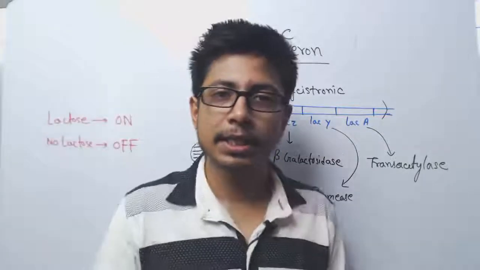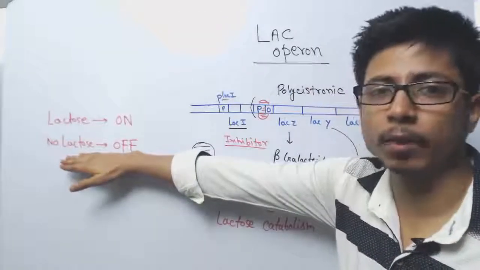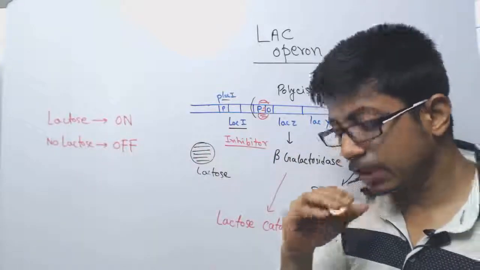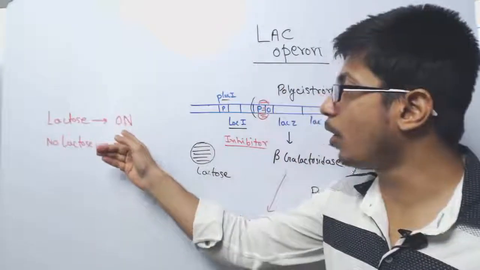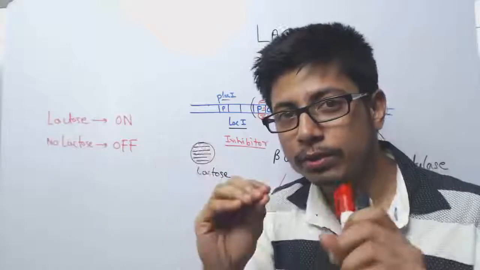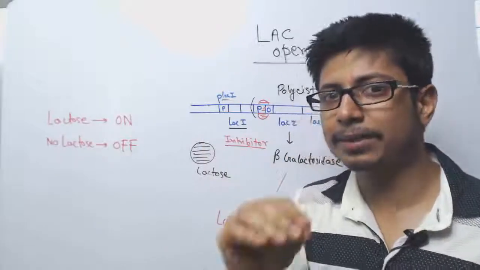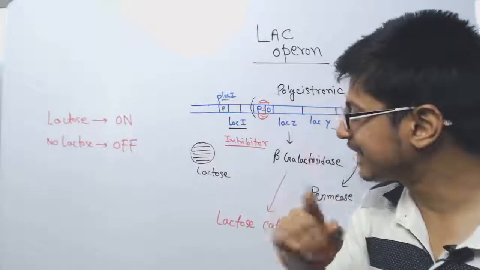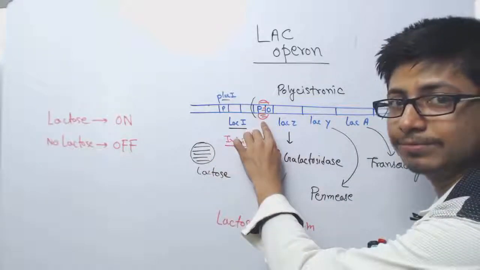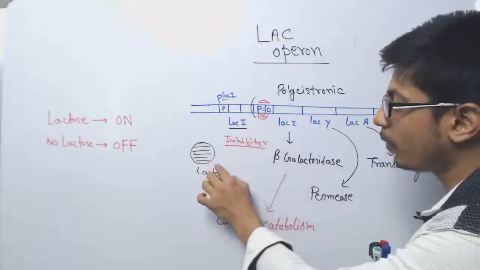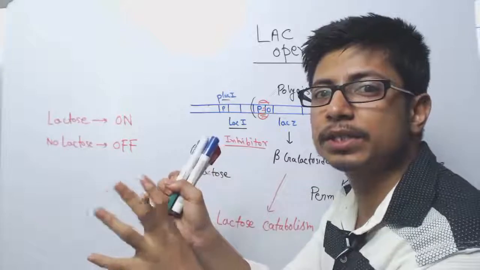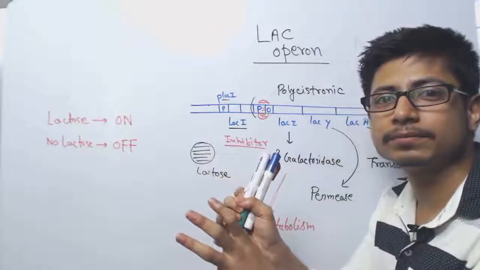Now the question is, for turning off we don't have to bother. If there is no lactose, this whole scenario will be going on and on. Now we need to turn it on sometimes when there is lactose in the medium. So if there is lactose in the medium, lactose can interact with this inhibitor molecule, and upon binding of lactose to the inhibitor, it changes the structural conformation of LAC inhibitor.